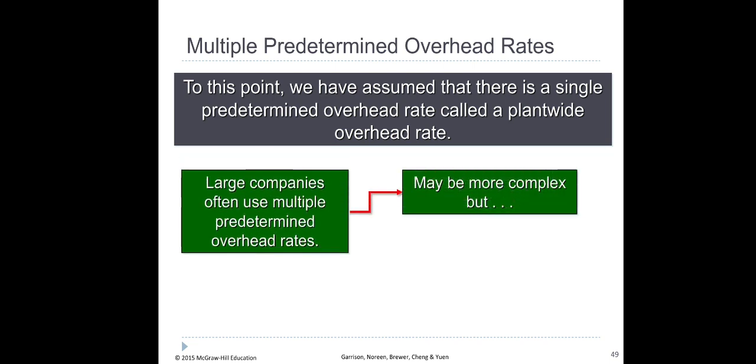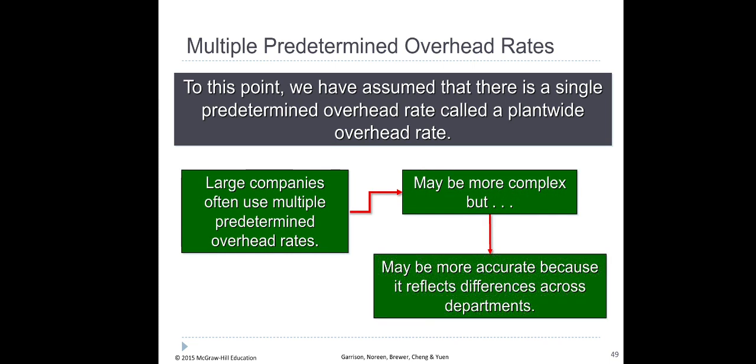In the examples that you have seen above, I have told you that when you have to calculate the applied overhead, you use one allocation base. But in some businesses, particularly big businesses, they use multiple predetermined overhead rates.